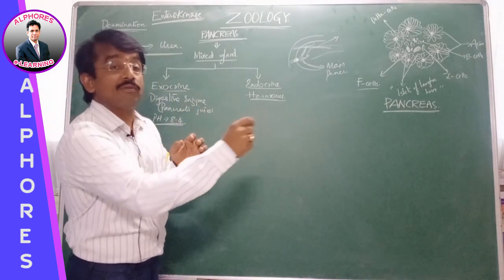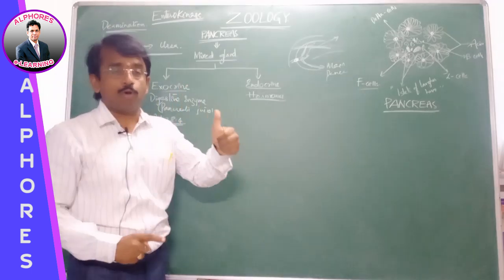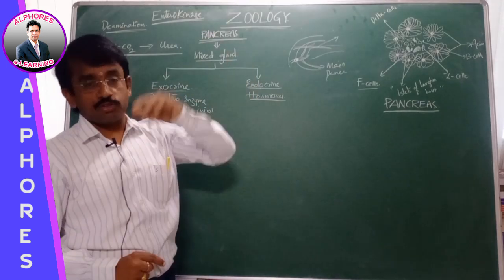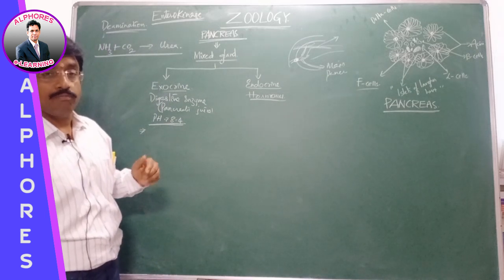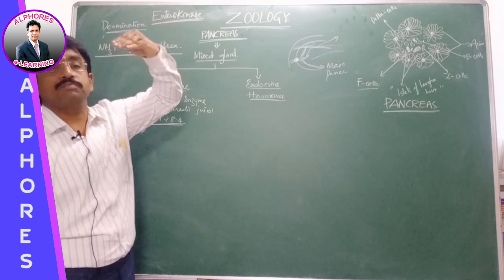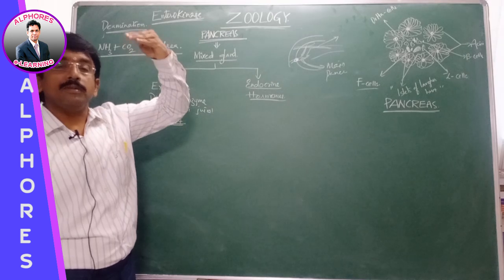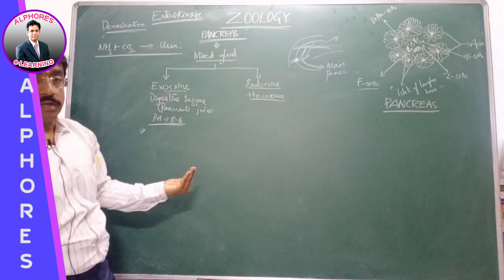So by pancreatic juice, carbohydrates, proteins, fats and nucleic acids are digested by means of trypsin, chymotrypsin, carboxypeptidase and pancreatic lipase, nucleases, DNases, RNases and the pancreatic amylase.